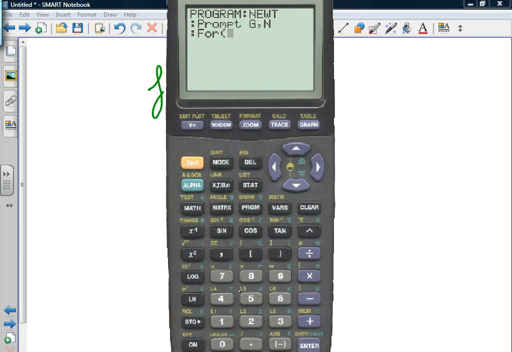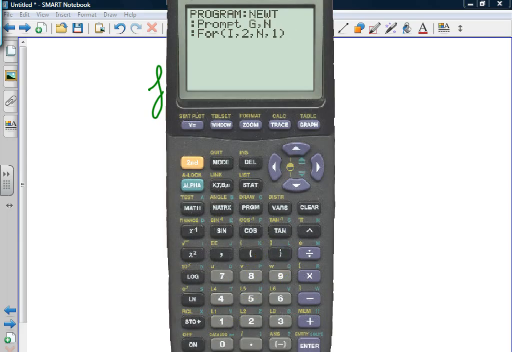Now, what a for loop does is just count how many times you did stuff. So I need a dummy variable, a counting variable. I'm going to call it I. So alpha I, comma, start counting at 2, and go until you hit N, and count by 1.